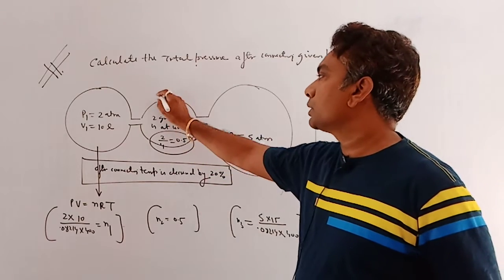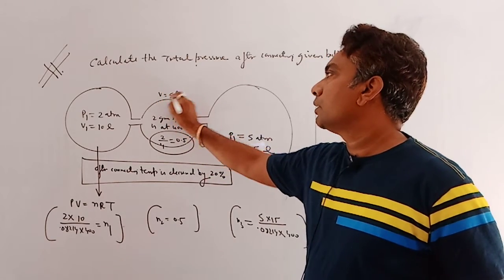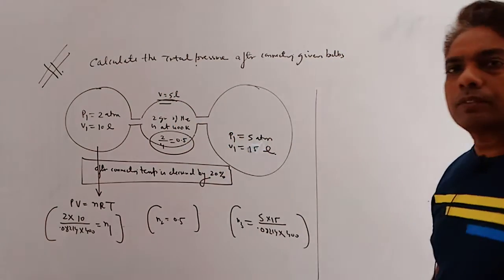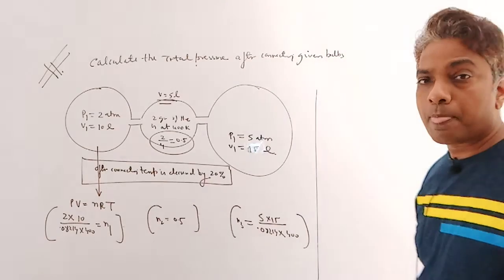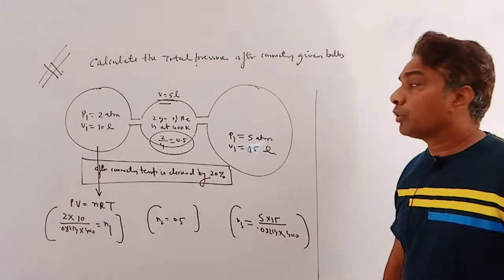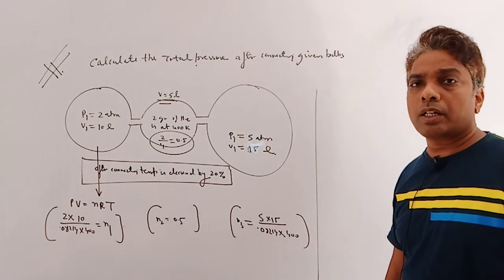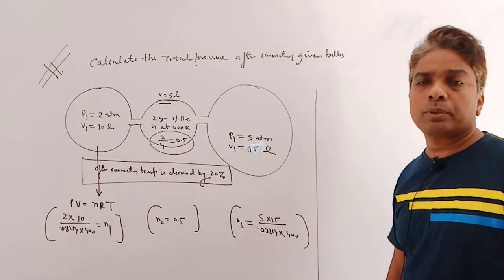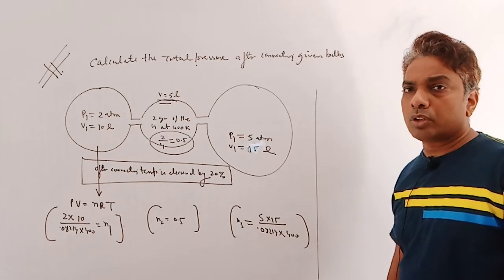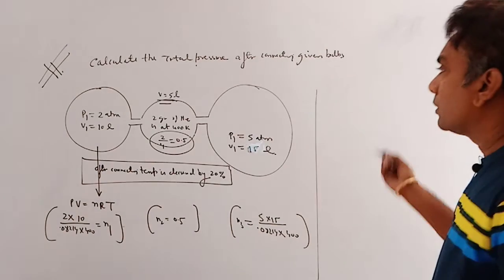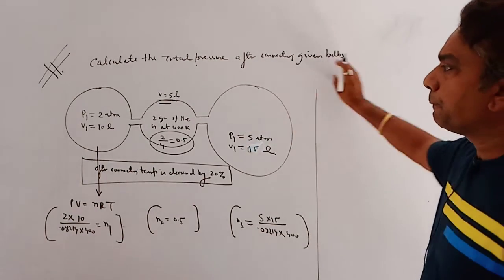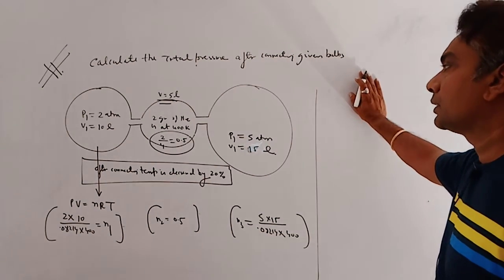So here the volume is given as 5 liter. Is it clear? If volume is not given, then we have two unknown quantities, pressure and volume. So the question cannot be solved without volume. Clear? So volume is given, which is 5 liter.